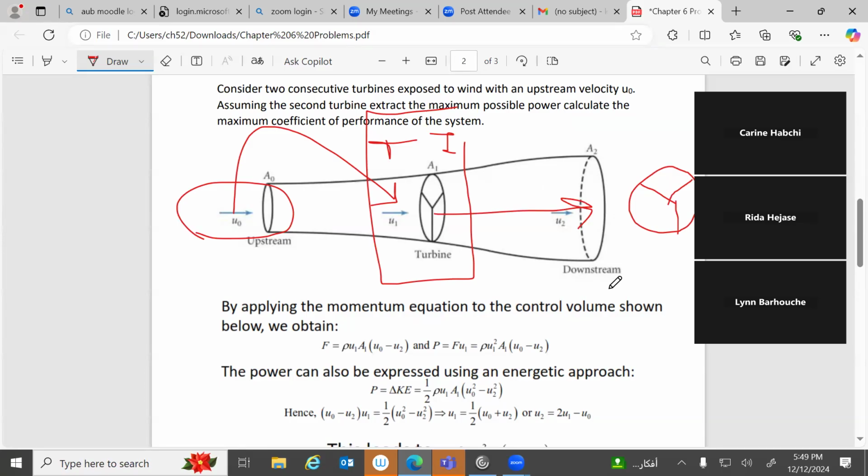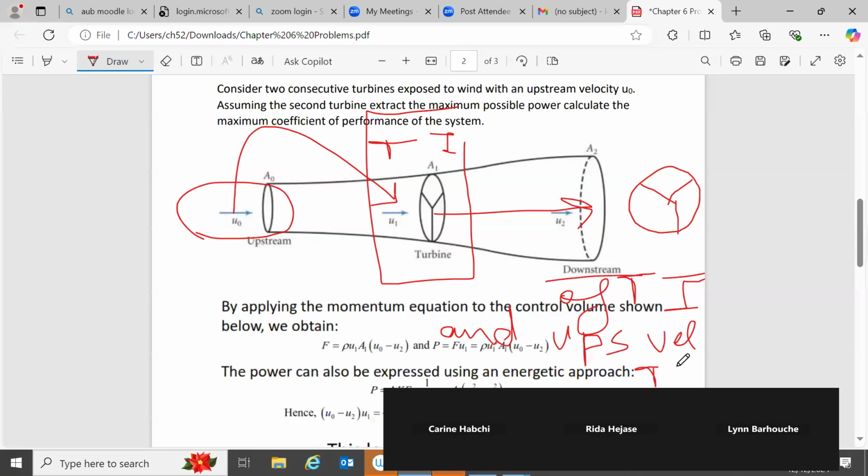So this is the downstream velocity of turbine 1 and will constitute the upstream velocity of turbine 2. Upstream before, downstream after.